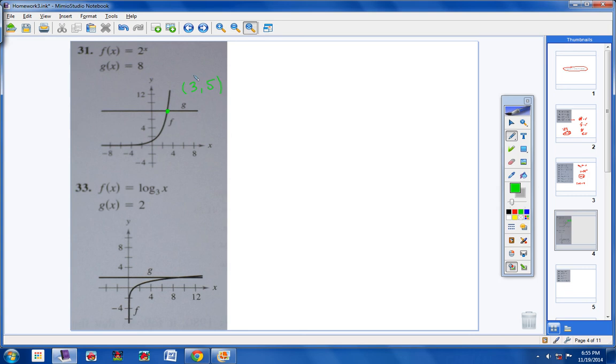So this is your x, and this is your y. So x equals what? 3. Then they want you to solve it analytically. So here's what we're going to do. We take the two equations and we set them equal. So 2 to the x equals 8. 2 to the x equals 2 to the third. So what does x equal? 3. So there we go.